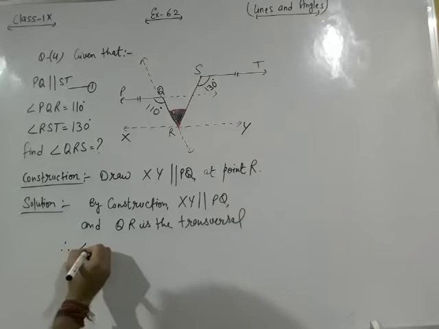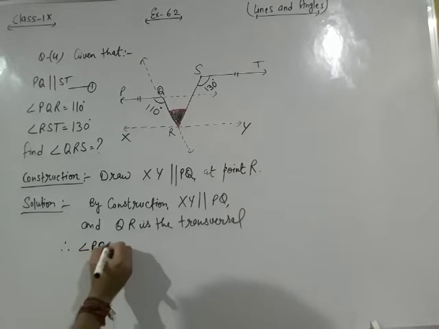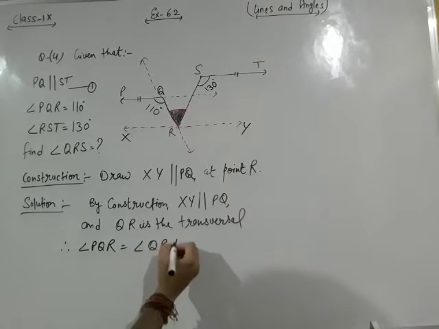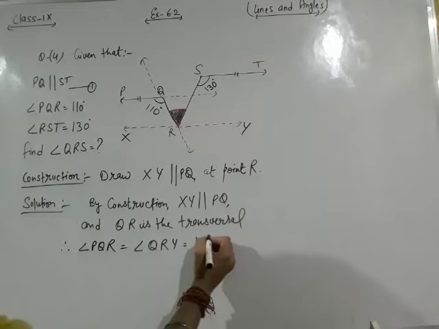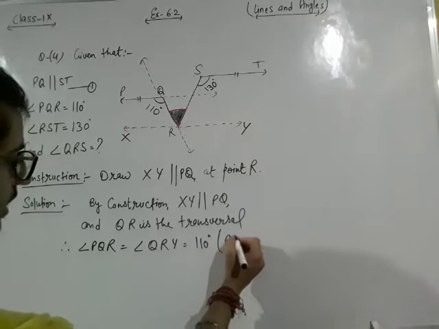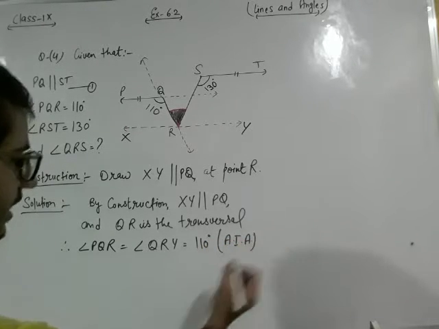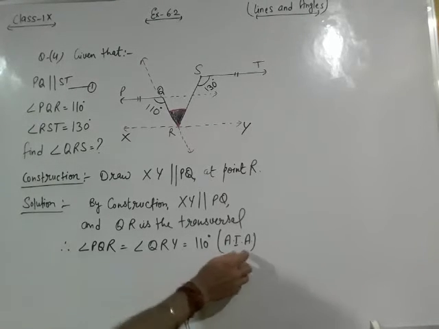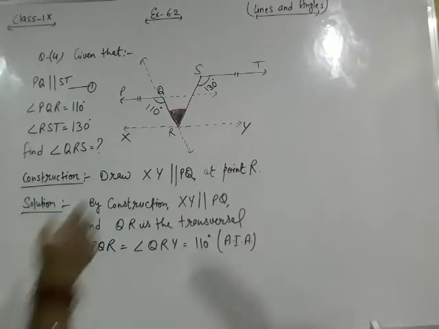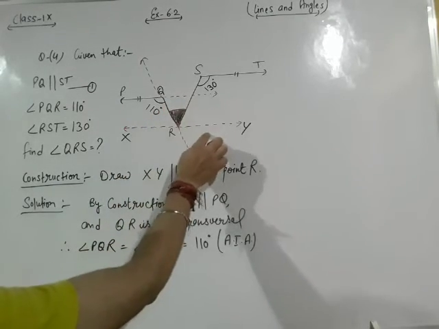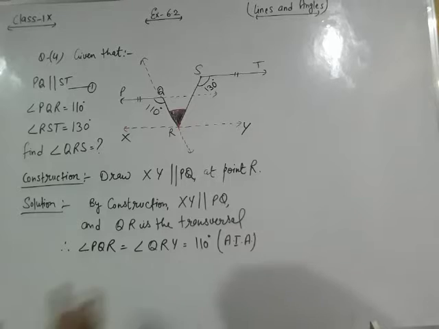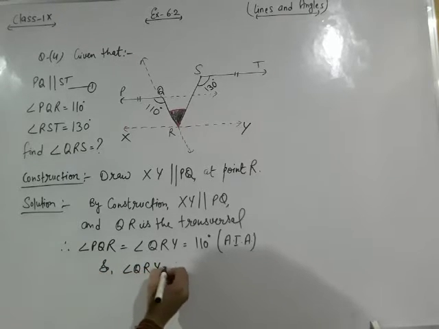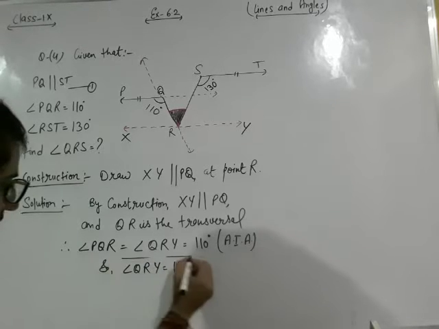Therefore, angle PQR will be equal to angle QRY, which is equal to 110 degree. What is the reason? Alternate interior angle. I am writing it in short, but you have to write it completely. So, angle QRY is equal to 110 degree.